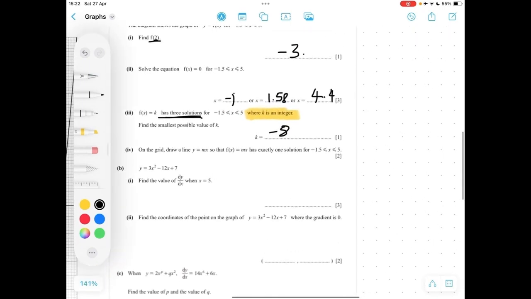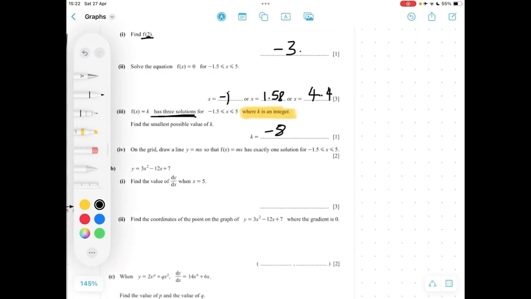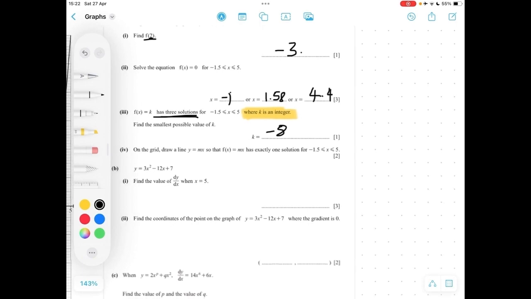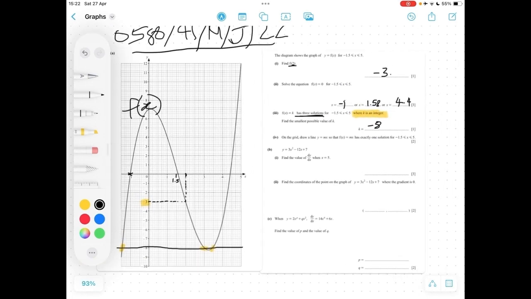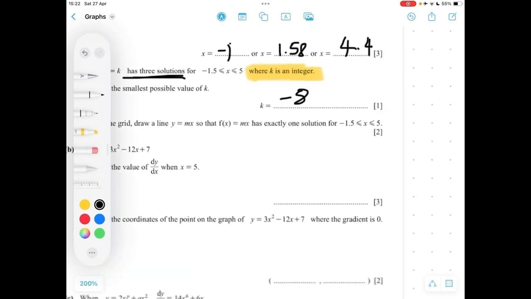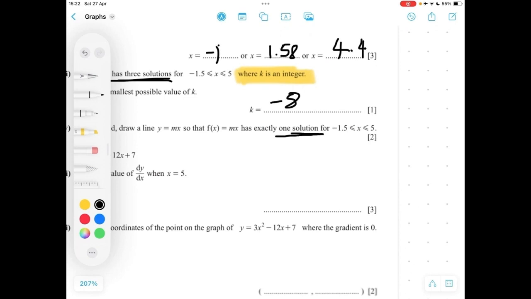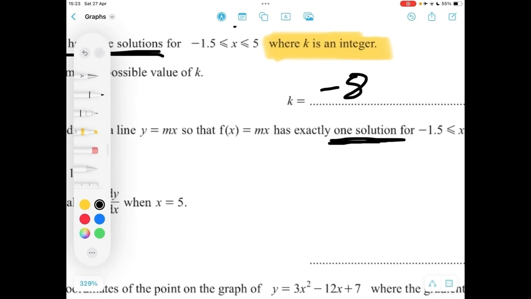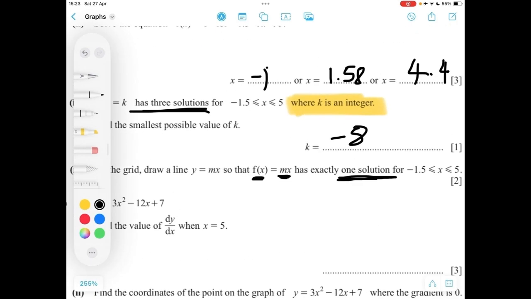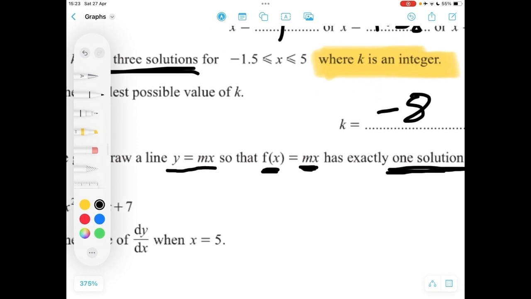Next, it says draw a line y equals mx so that there's only one solution to f of x equals mx. Again, when they're saying it only has one solution, that means f of x only intersects the line mx once. And we know that a line in this form goes through the origin because there's no y-intercept c.